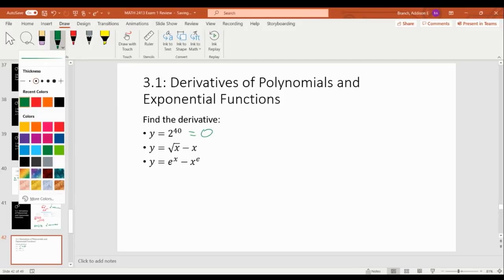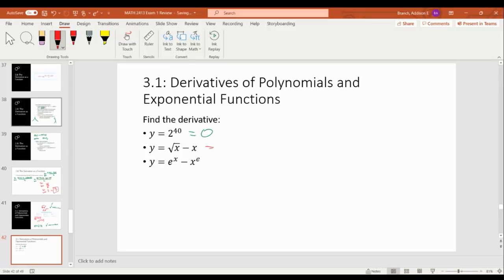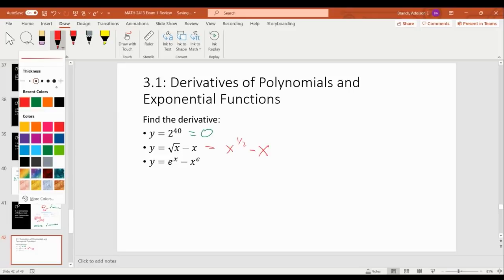For the second one, we have square root of x minus x. Whenever you have a root like this, I find it really helpful to turn that into a power rule. So this is a square root, so we can turn that into x to the 1/2 minus x, just because that makes it a little easier to see how to do the power rule.